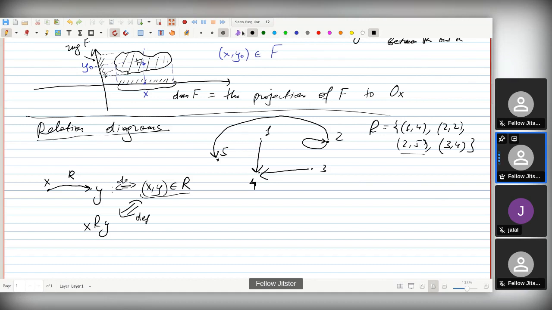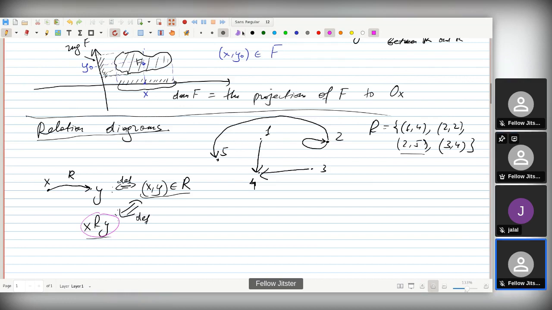By definition, we shall write x R y if and only if x, y belongs to R. So it is a kind of predicate style. That means that the pair x, y satisfies a binary property, a binary predicate, the binary relation R, or you may put it the following way: x relates, in the sense of R, to y. Is it clear?